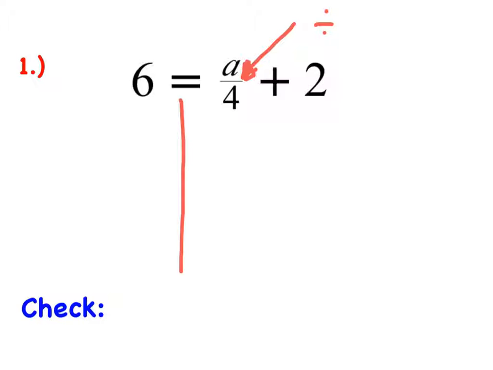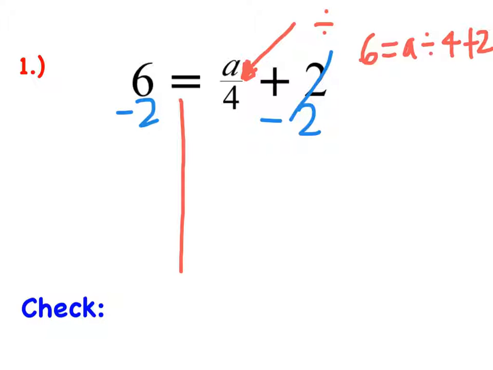We could rewrite this entire number sentence as 6 equals a divided by 4 plus 2. Okay? So the first step is going to be the same. We're going to start out by subtracting 2 from both sides. Okay? So 6 minus 2 is 4. So a divided by 4 equals 4.